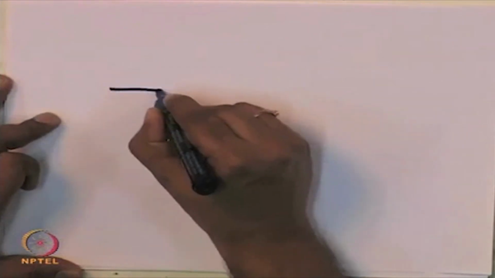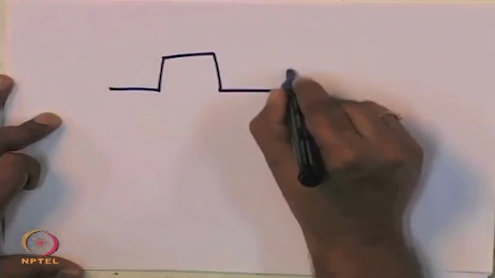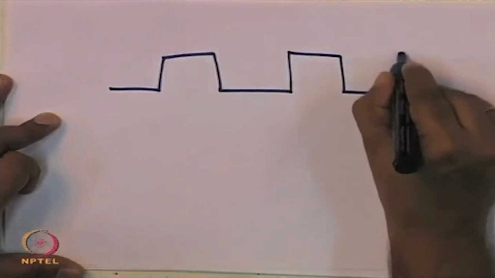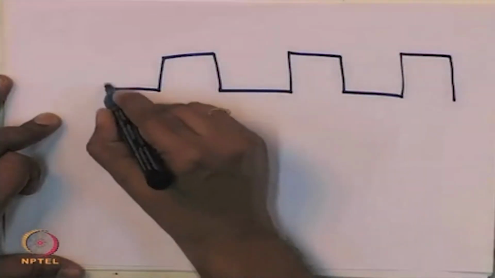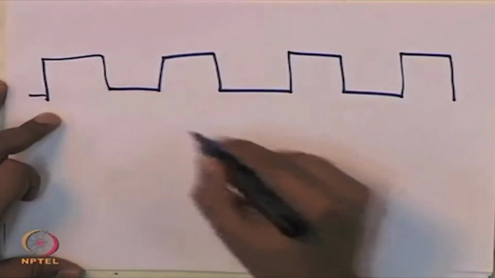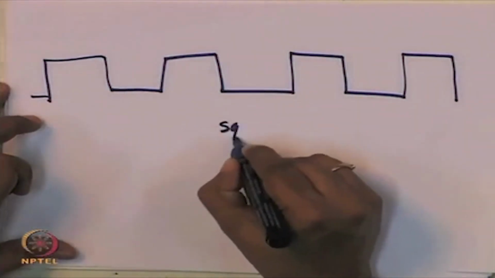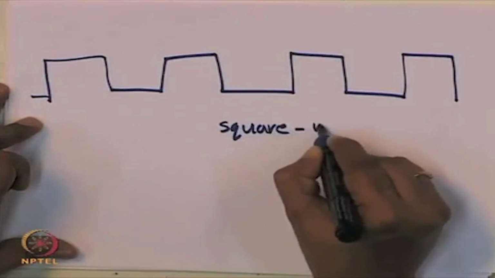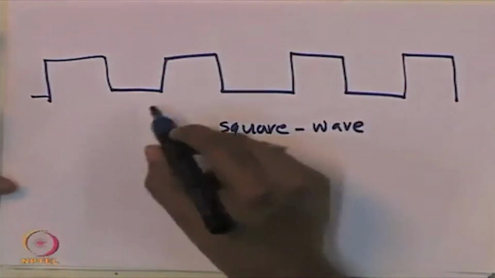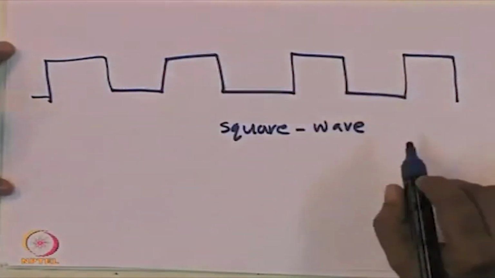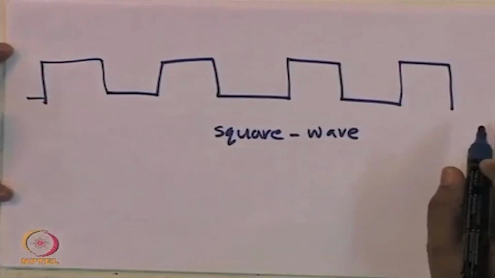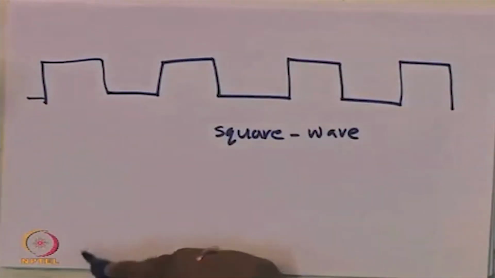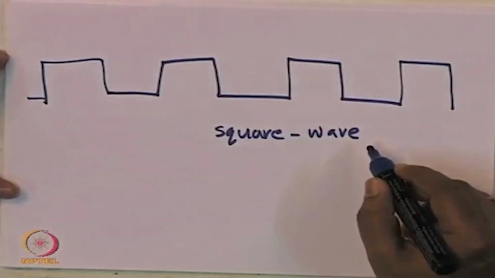What kind of periodic functions can we think of? Let us say you have something which is repeating like this. If you want, you can call it a square wave. It just keeps repeating periodically, but it is not easy to write an equation for it.